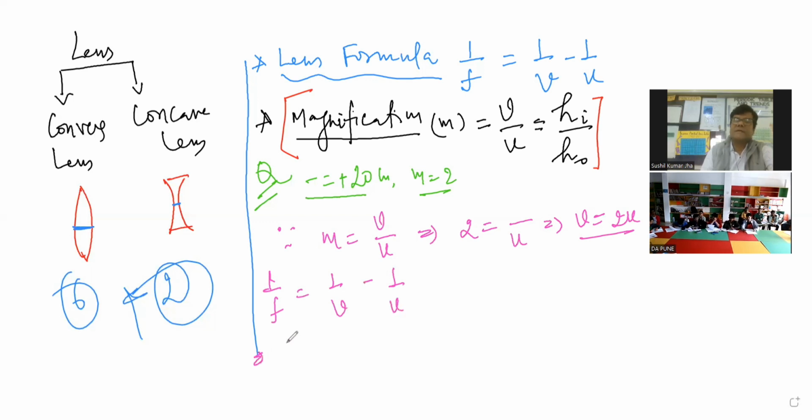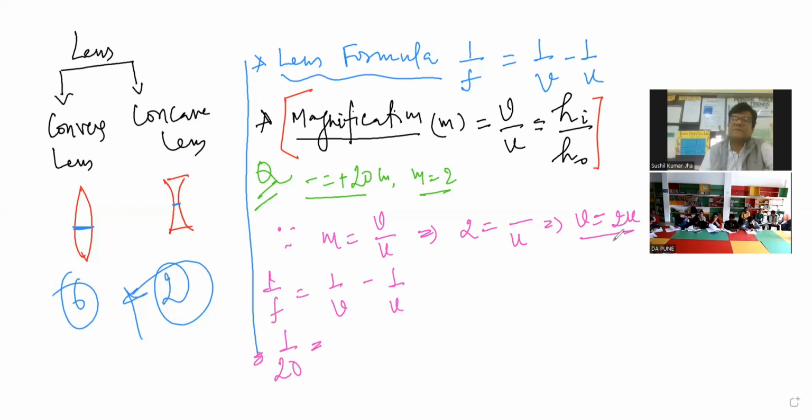F given is 20. Now sign convention comes into picture. The lens given is the convex lens. So in case of convex lens, focal length is always positive. So we'll take plus 20, so 1 upon 20 is equal to 1 upon v minus 1 upon u.